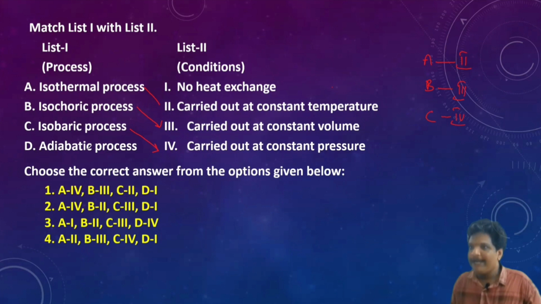Adiabatic process means no exchange of heat takes place during the process, so D is 1. So A2, B3, C4, D1. Option 4 is the correct answer.